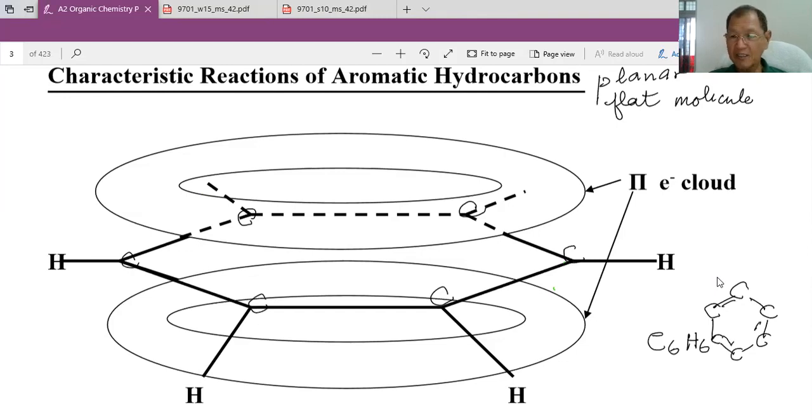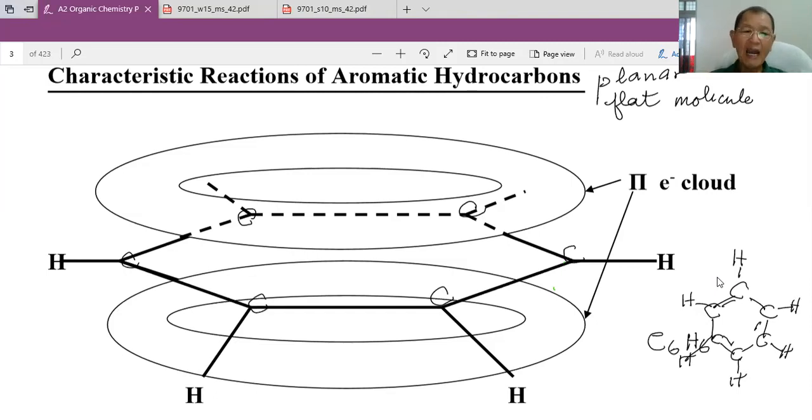So here's 4, and 1 here, which is the hydrogen. And he was correct. Now this is your benzene. That's why it's called the Kekule structure.